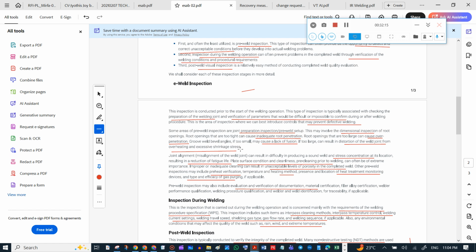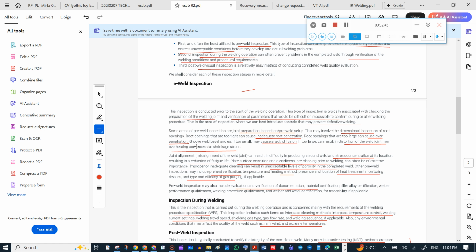First we discuss root opening. If it is too small, it will cause inadequate root penetration, and if the root gap is too large, it will cause over penetration.